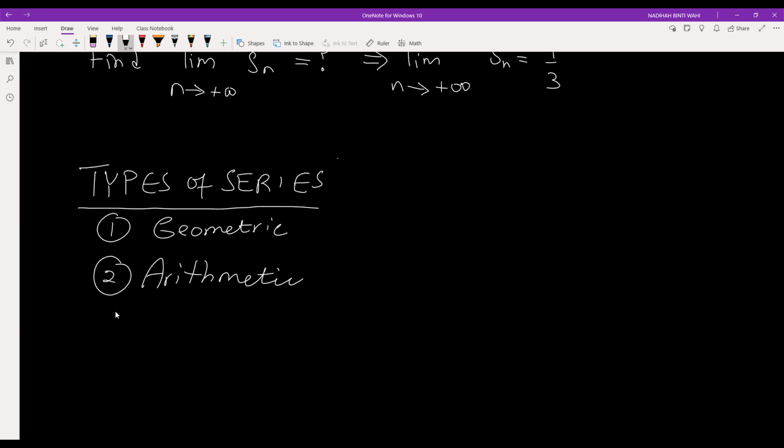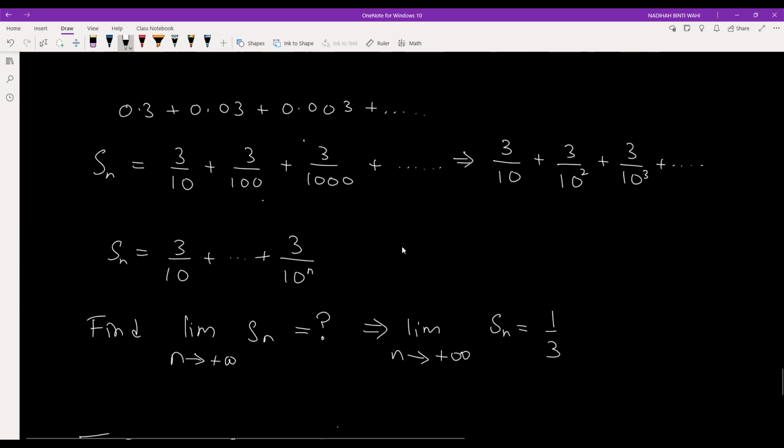Okay, so what we did just now is a geometric series. Why geometric series? Because you have something to the power of something.